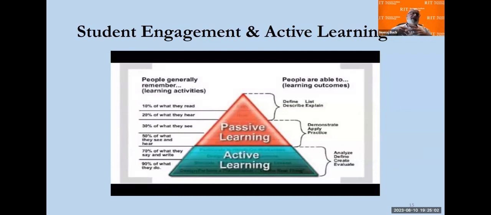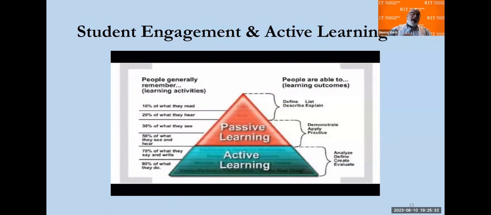So 10% is retained of what they read, 20% of what they hear, 30% of what they see. So again, this is saying that we are visual learners. So the more illustrations that we see, the better chance we have of retaining the material. 50% of what they hear and see, that is 50% of the retention happens. 70% of what they say and write.